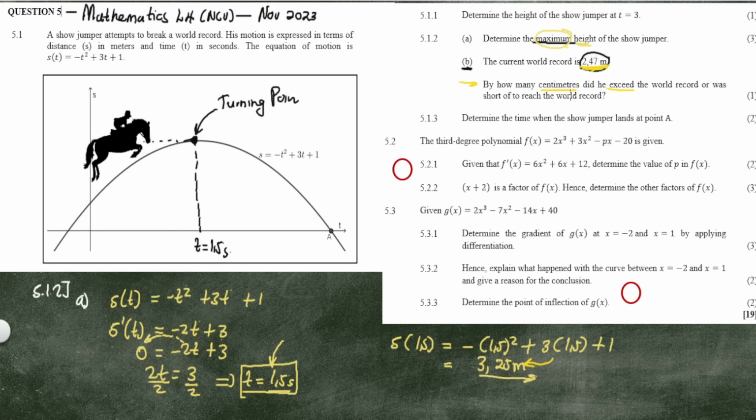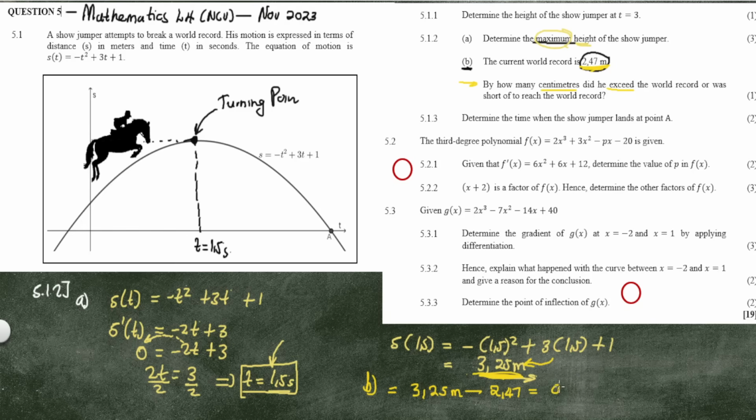This was the current world record. Now we jump a maximum height of this much. Group B, they want us to calculate by how much. So group B is going to be equal to the new world record set by the jump, 3.25 meters, minus the standing world record, that's 2.47. 3.25 minus 2.47.